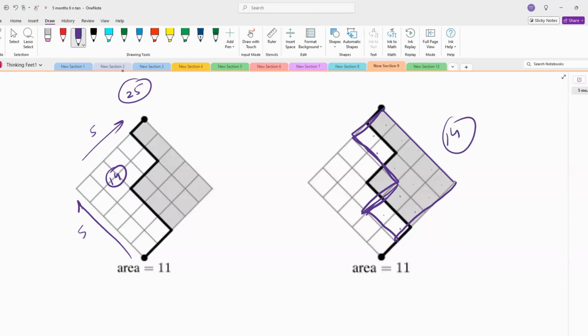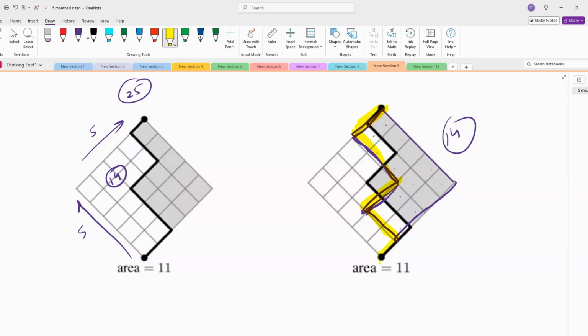Okay. So the path goes like this. Essentially go here, here, here, here, here. Right? This yellow highlighted portion is my path. And the area that I cover in that path is 14.